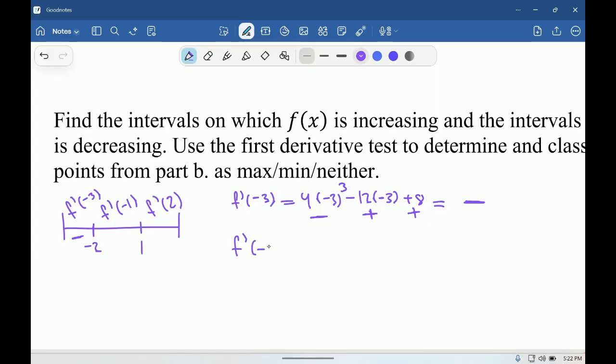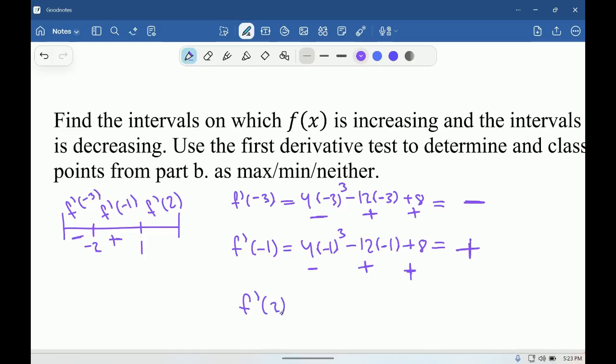And then f prime of -1 equals 4 times -1 cubed minus 12 times -1 plus 8. This is going to be a small negative number. This is going to be a big positive number, and this is going to be a smaller big positive number. The smaller positive number is going to be positive.